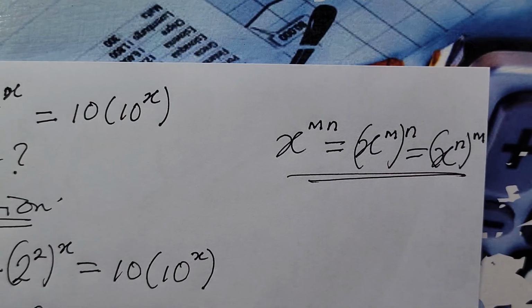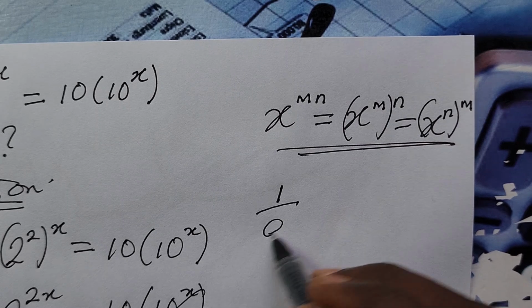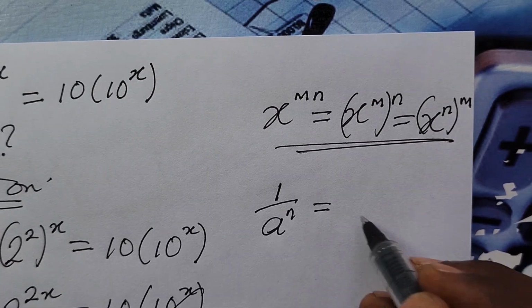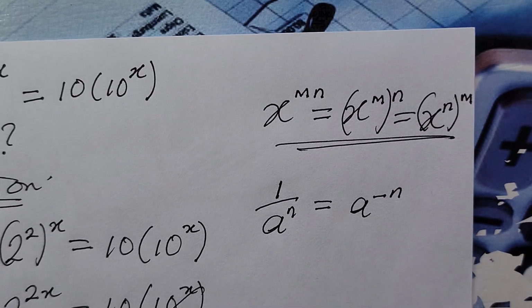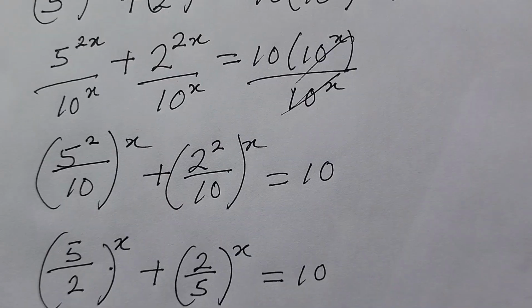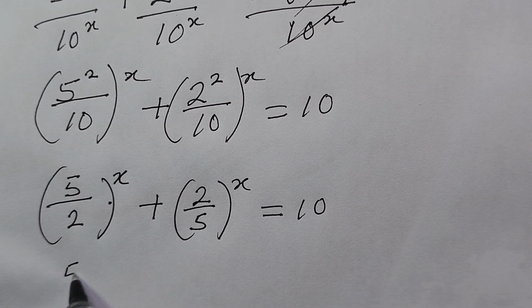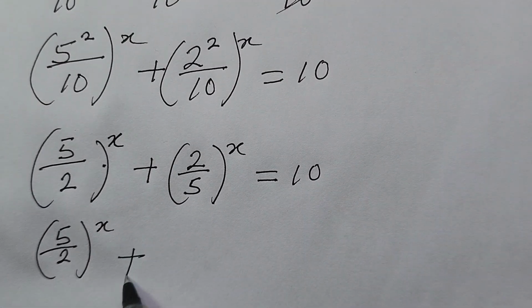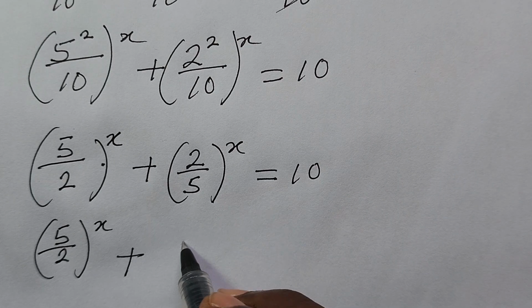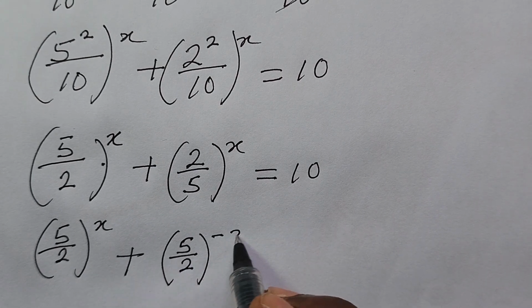Remember, the law of indices which says that if you have 1 all over a to the power of n, this is equal to a to the power of minus n, right? Good. So we can rewrite this middle term here. So if we do that, we're going to have 5 all over 2, all to the power of x, plus 5 all over 2, close bracket, all to the power of minus x.